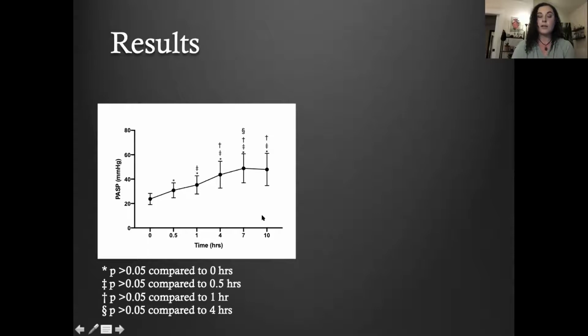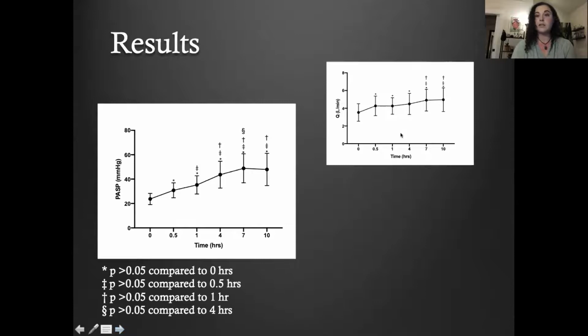We also looked then at the 2 factors that could be affecting pulmonary pressure, namely cardiac output and total pulmonary resistance, which is an indicator of vasoconstriction. You can see a similar trend with cardiac output, where there's an initial increase within the first 30 minutes, and then a slight plateau until right around 7 hours when it seems to increase again.